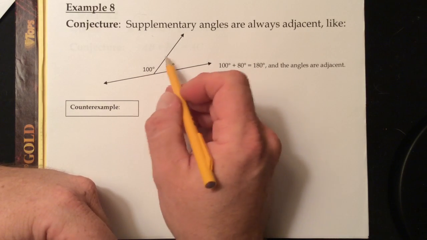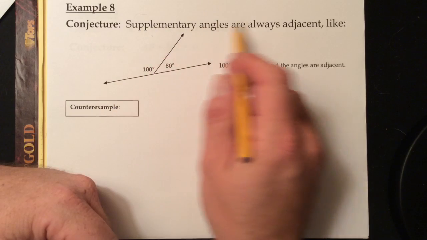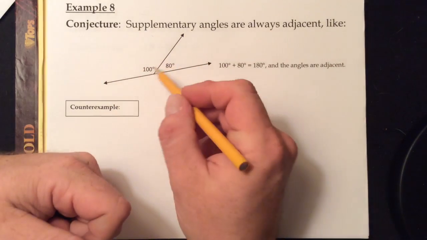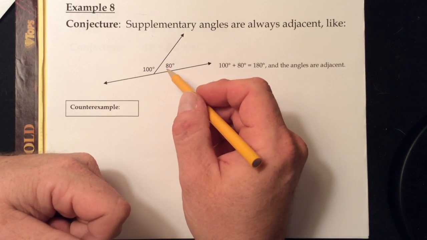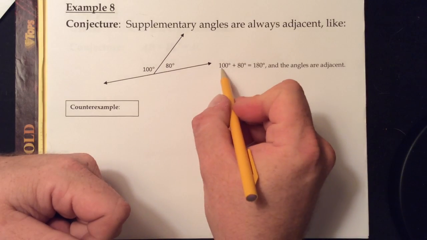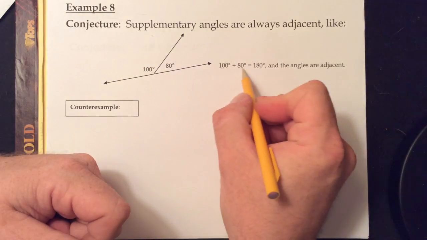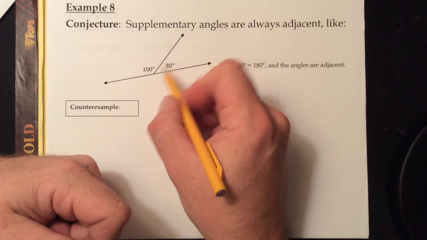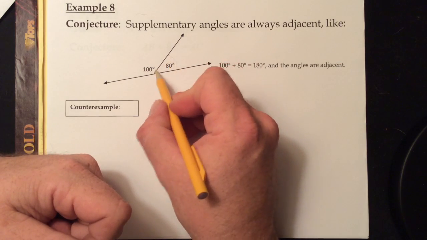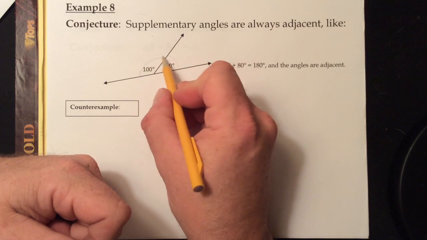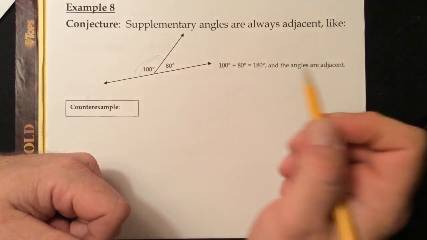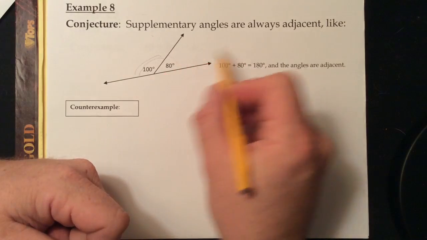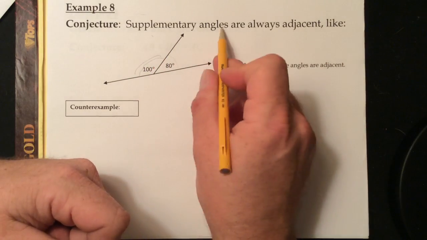So they give us an actual example here of how this could work. These are supplementary angles because their measures add to 180. 100 plus 80 is 180. And they're adjacent to each other because they share the same ray and they don't overlap. So this is an example of how this could work.